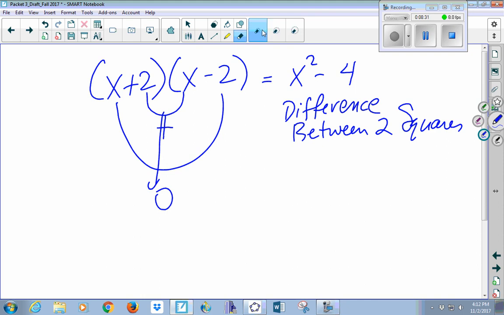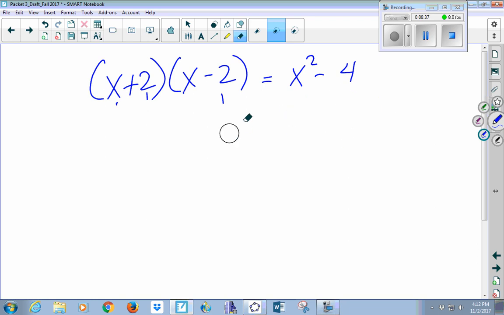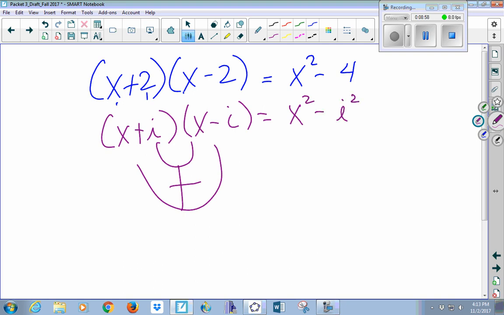Okay, so then if you recall earlier, we talked about multiplying factors that had i as part of them. So for example, x plus i, x minus i. So again, our middle and our outer term, when we add them, go to 0. And we square i, and we square x, and we put a subtraction between them.